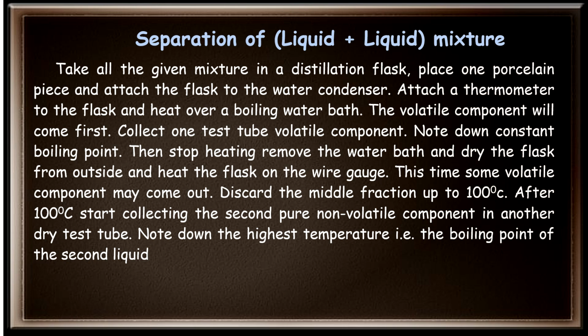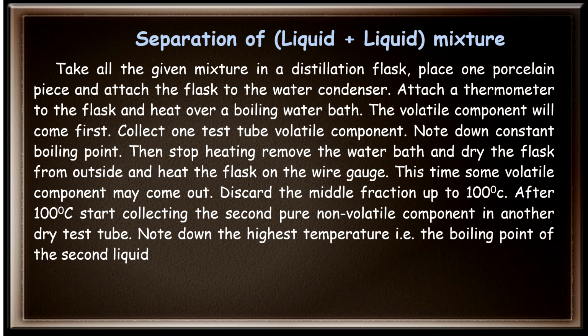For collection of the volatile liquid, heat the distillation flask in a water bath, and for the non-volatile component, heat the flask on wire gauze. After collecting these two liquids, note down the constant boiling temperature of both liquids. These are the boiling points of those liquids, and the type of the two compounds is determined separately.